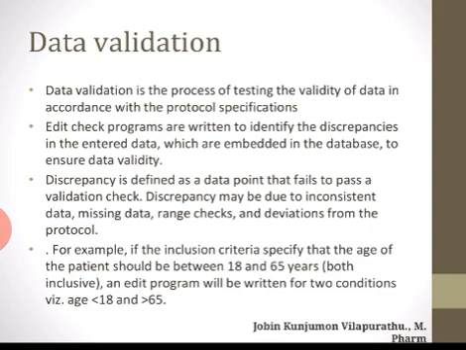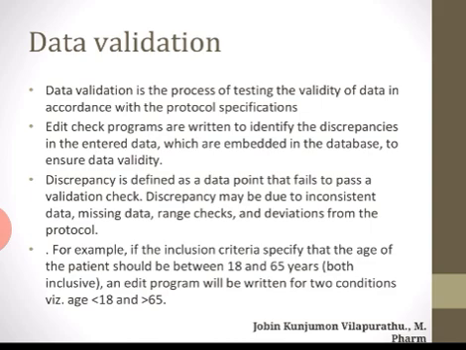This is usually automatic. There will be a discrepancy; it can be inconsistent data, missing data, range checks, or deviation from protocol. For example, if the inclusion criteria specify age 18 to 65 years, and you write 16 years, automatically the software will give an edit check.